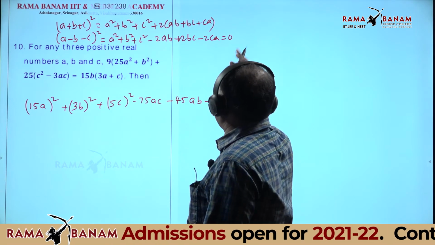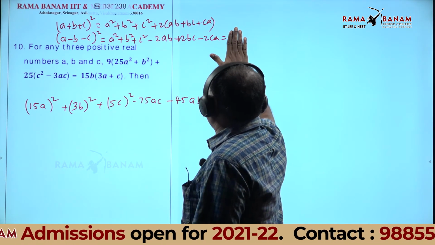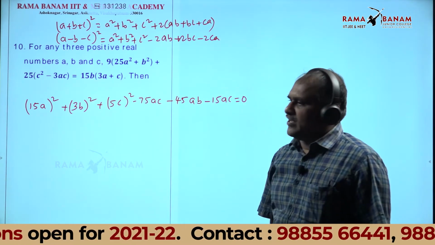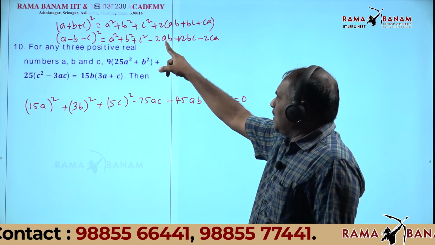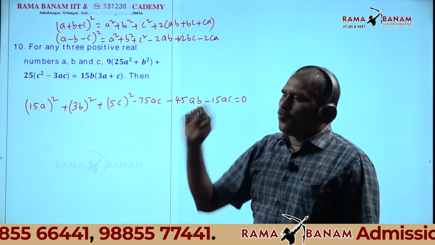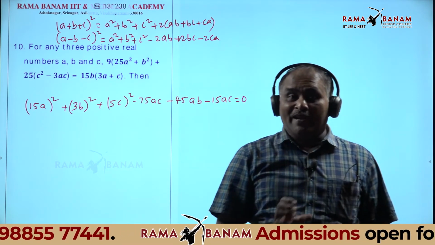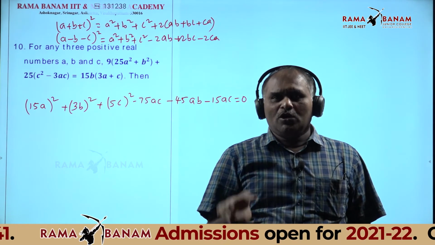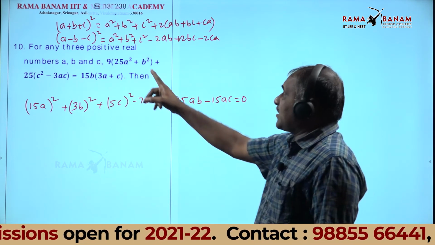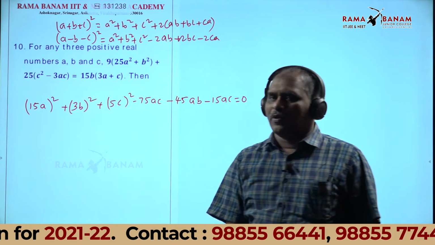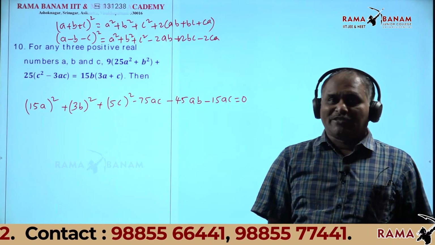By observation, two terms are negative and one term is positive. When all are positive, or two negative and one positive, it can be converted to perfect square form.